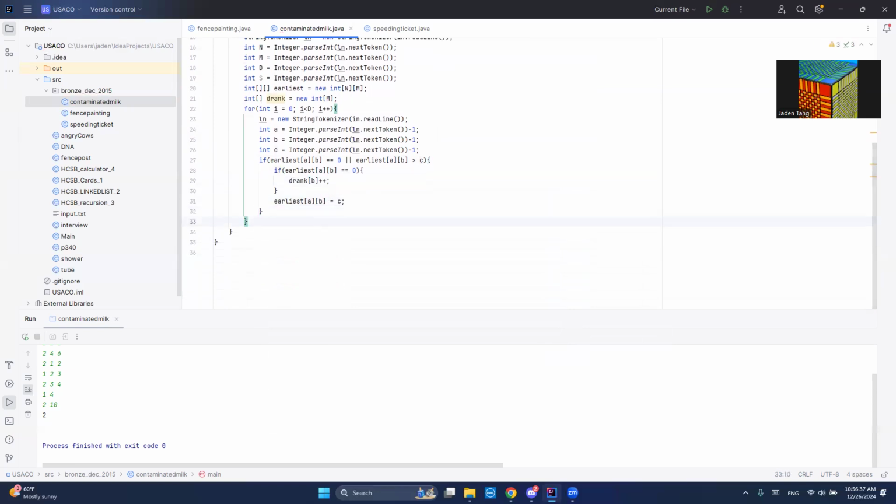Okay, so now that we have figured out the earliest time people have drunk it, we can go through how when people got sick, and determine if a milk is possibly one of the bad milks or not.